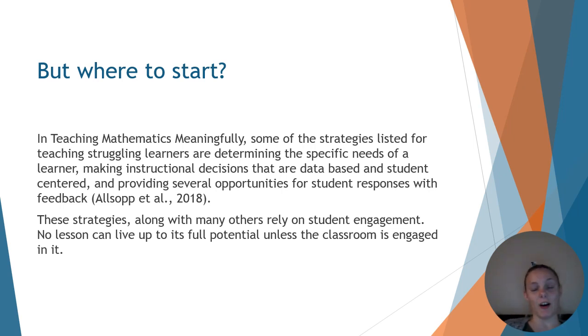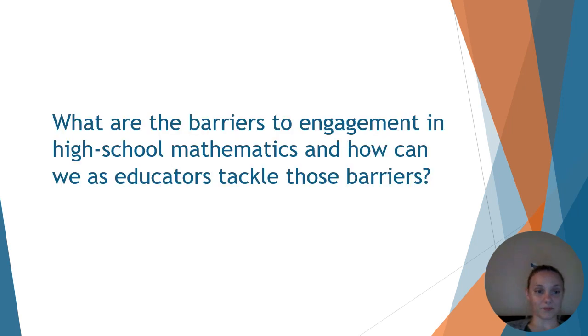And these strategies, along with many others, rely on student engagement. No lesson can live up to its full potential unless the classroom is engaged. So what are the barriers to engagement in high school mathematics, and how can we as educators tackle those barriers?